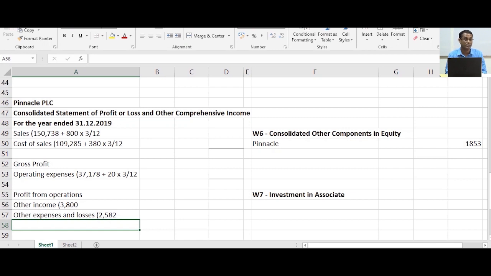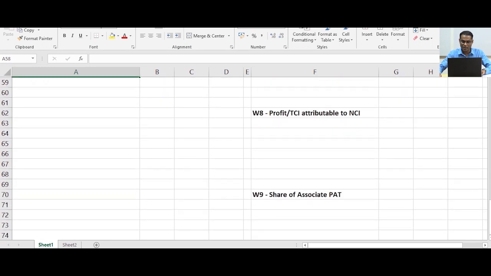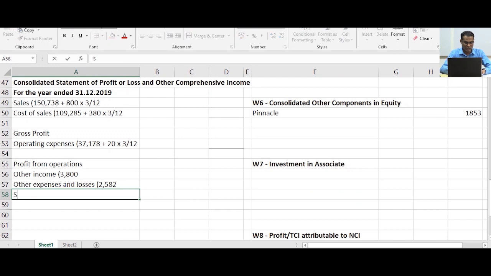For that I need to keep a space before I write down the profit before tax. That figure we derive out of working number 9 here, share of associate profit after tax. So I would say here share of associate profit after tax. I'll be getting that figure from working number 9.